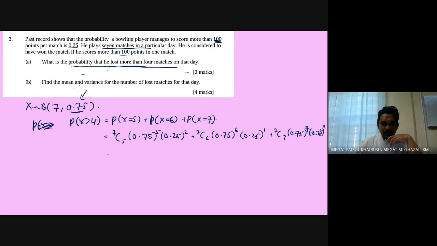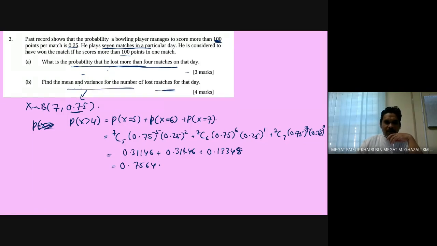Okay, so use a calculator, find the probabilities of each of these one by one. They give you 0.31146 plus 0.31146, then plus 0.13348. So the total of this is 0.7564.